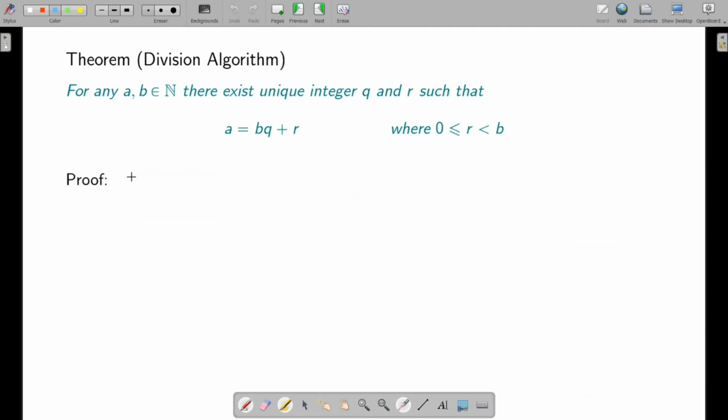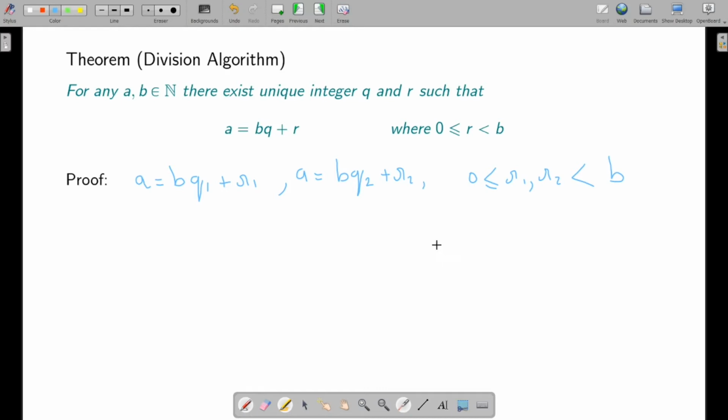So how do I get uniqueness? Suppose I can write a as some b times q1 plus r1, and I can also write a as b times q2 plus r2, where say r1 and r2 are less than b.